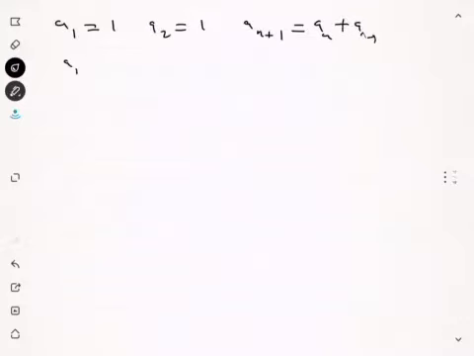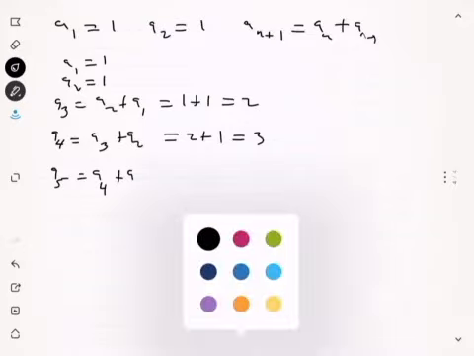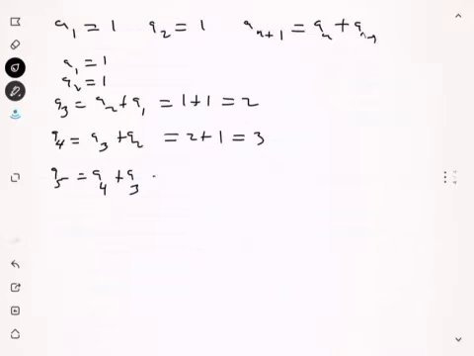Then we have a sub 1 is 1, a sub 2 is 1, and then a sub 3 would be a sub 2 plus a sub 1, so it would be 1 plus 1, which is equal to 2. A sub 4 would be a sub 3 plus a sub 2, which would be 2 plus 1, which is equal to 3. A sub 5 would be a sub 4 plus a sub 3. A sub 4 is 3 and a sub 3 is 2, so adding those two you get 5.